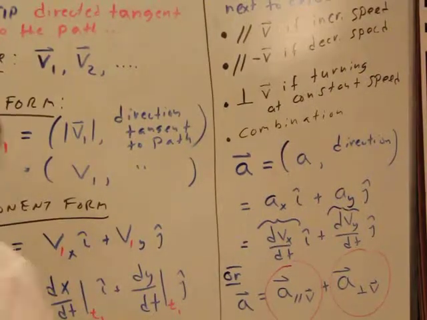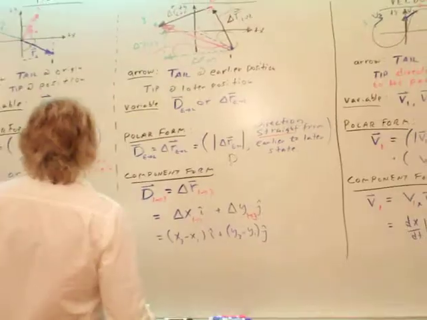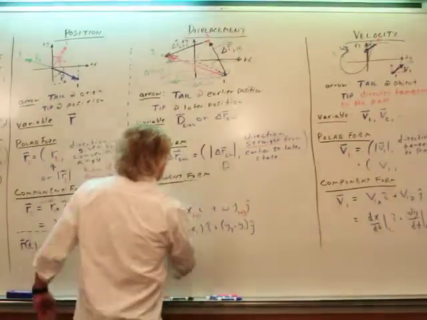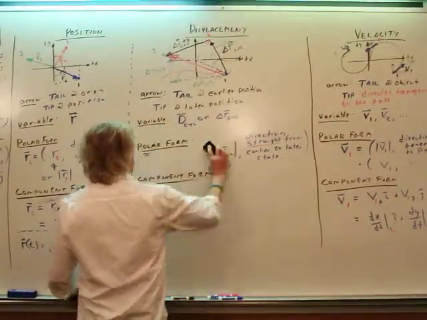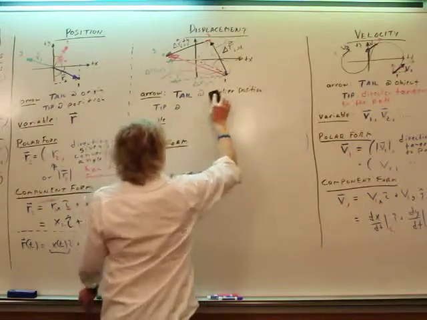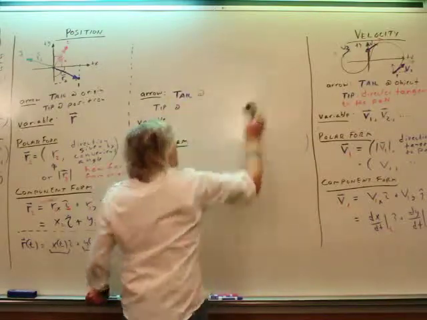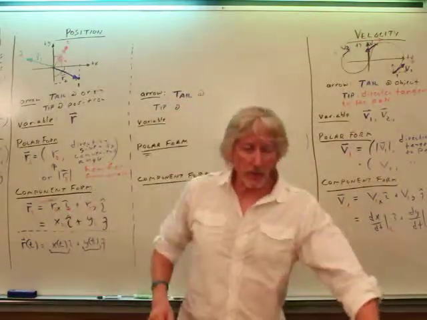Okay, so one more that I promised. Let's take a look here. And let's go to the mid part here. Component form, polar form, variable, tail at. And what I want to do is force. Force is a push or pull. We're going to learn about that soon.